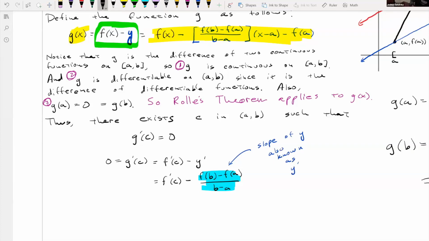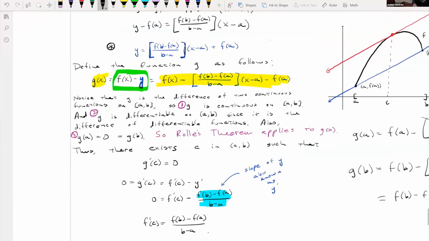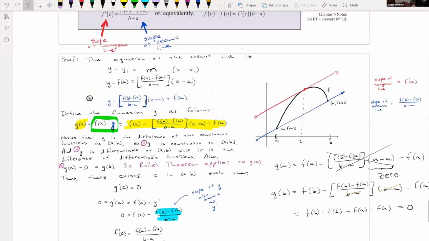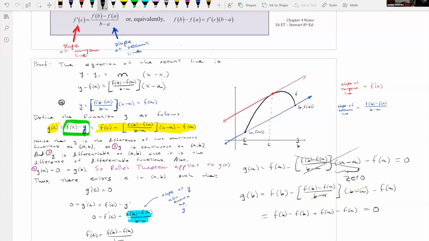And that equals 0. So if I were to add that over to the other side, I would have f prime of C is equal to f of b minus f of a all over b minus a, which, guess what? That is our result from the mean value theorem that you see way up there at the top of your screen. Okay, so we did it. We proved it. It was a little bit of work, but we got there.